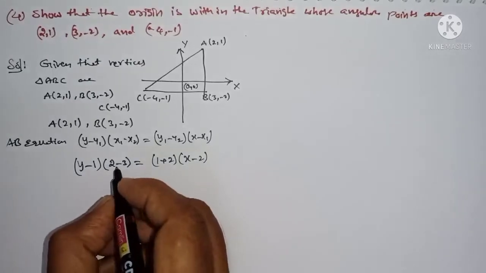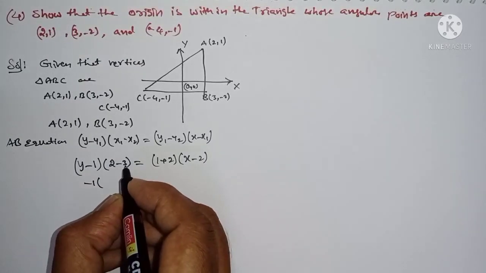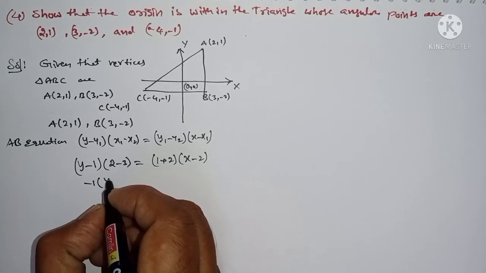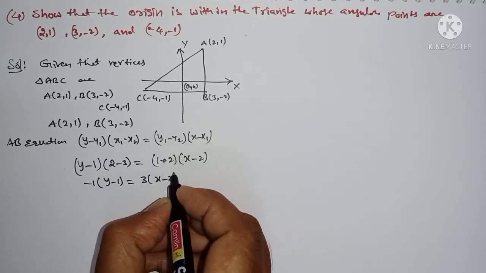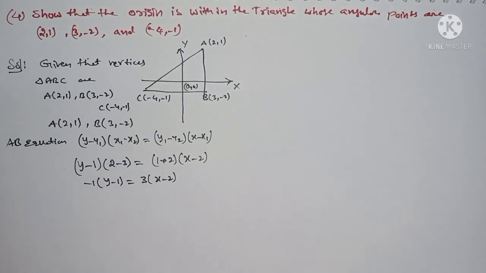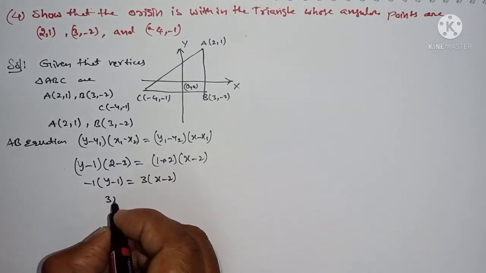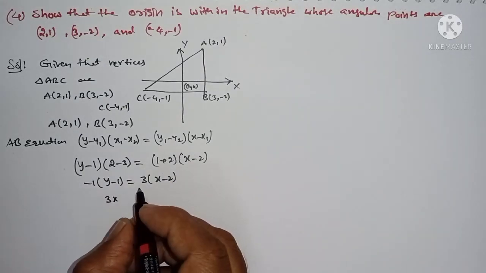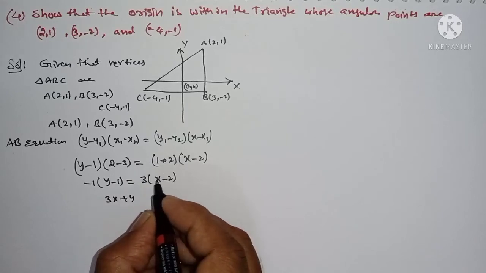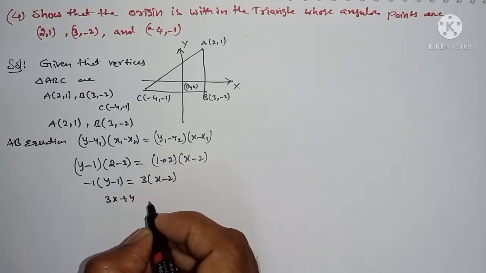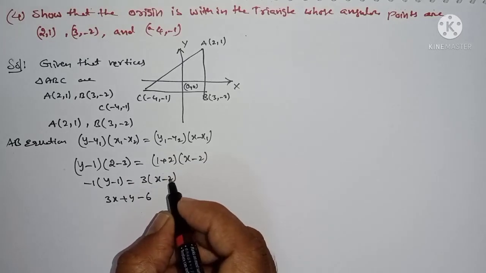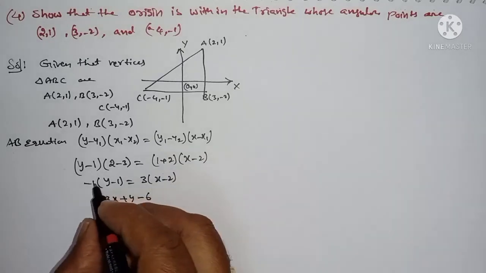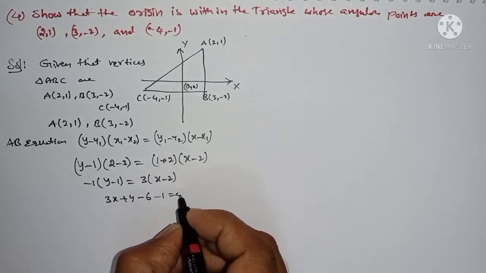What you are getting here is minus 1, since 2 minus 3 is minus 1. Y minus 1 is equal to 3 of x minus 2. Therefore 3x plus y, 3x as it is, minus 6 plus 1, bring this side, minus 7 is equal to 0.